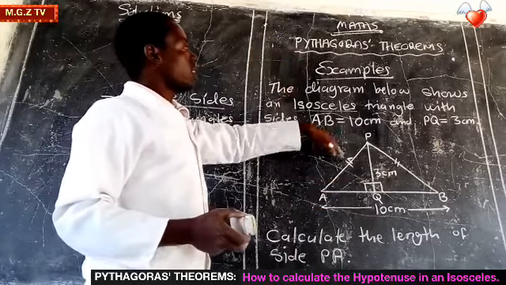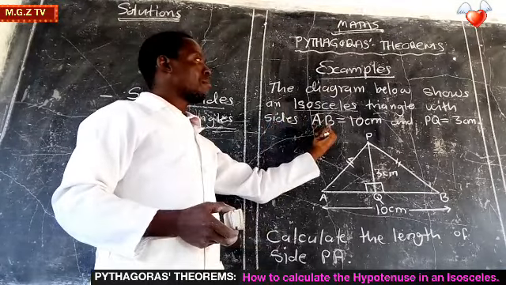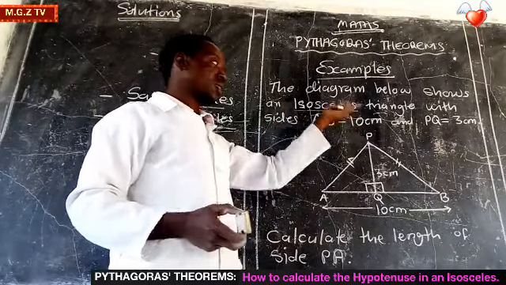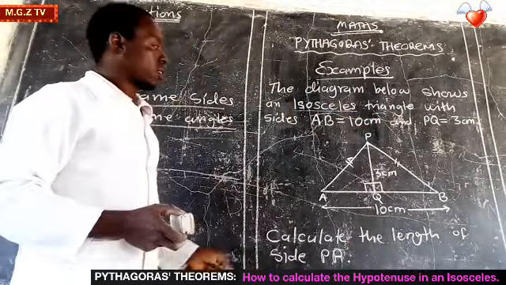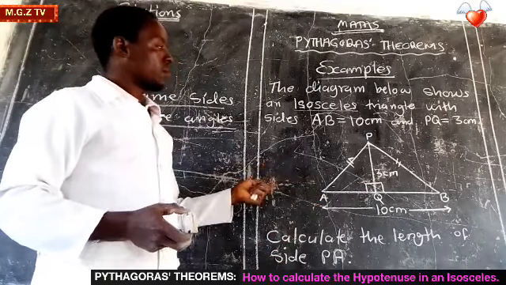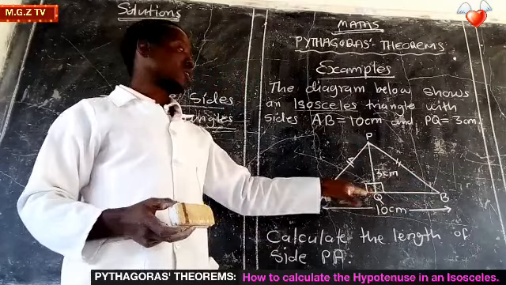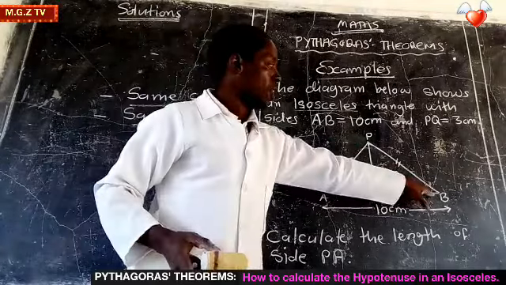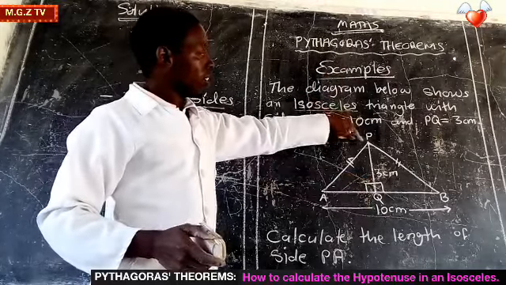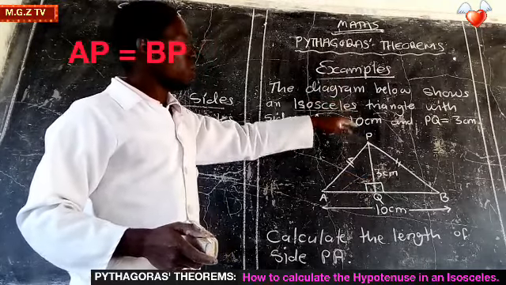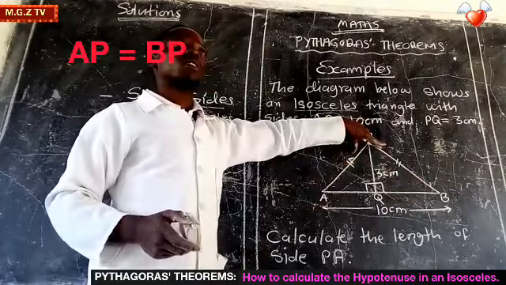So the diagram here is an isosceles triangle with sides AB 10 centimeters and PQ 3 centimeters. Now look at the diagram. The diagram here has 4 parts: A, B, P, Q. Then it is called an isosceles triangle because it has this side and this side same.